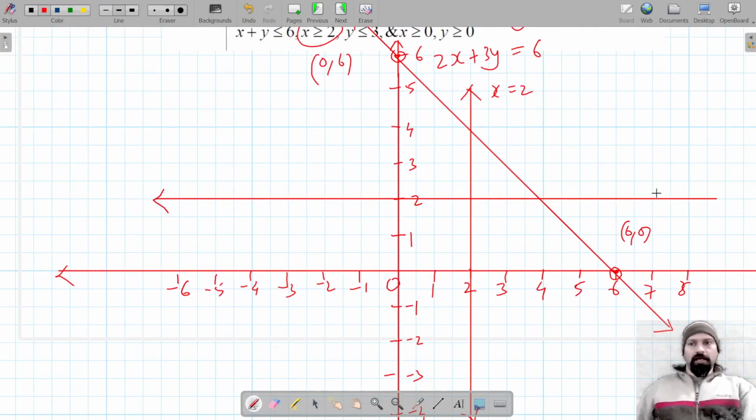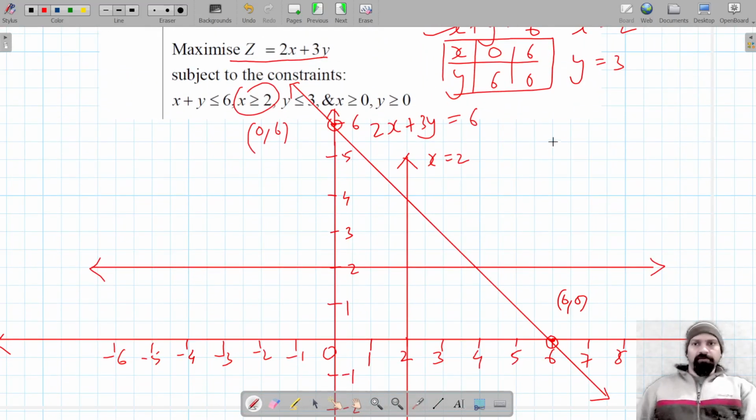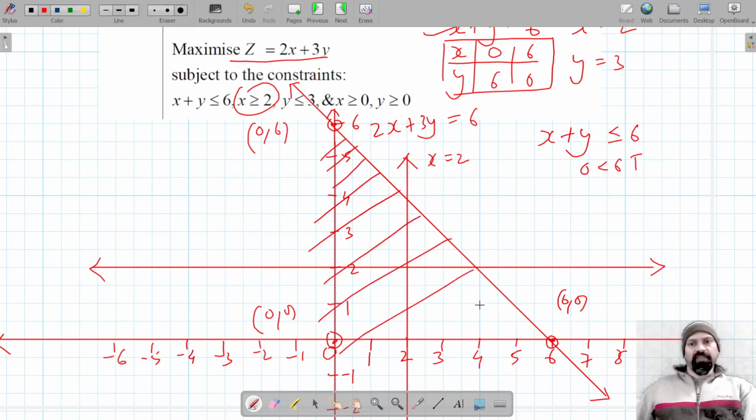Okay. Now, how do we get the feasible region? To get the feasible region, we will check the given constraints for the coordinate 0 comma 0. If I put 0 comma 0, it gives me 0 is less than 6, which is true, so that means the solution region for this is towards the origin.